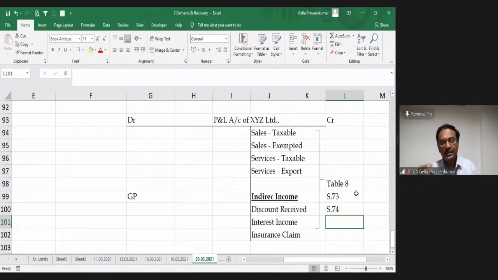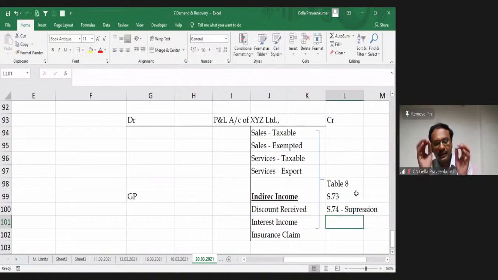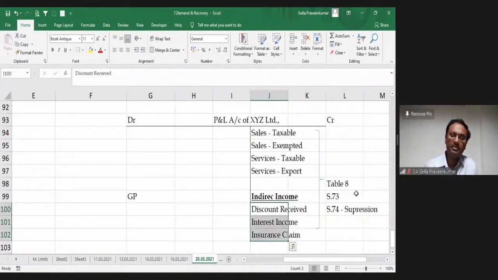When you say suppression, data which is available in your books of accounts, data which needs to be reported but is not reported, can be called suppression. Section 74 has an explanation for suppression. So you need to keep in mind, when the officer is issuing a notice, he will look into all these aspects and see whether you are genuine, whether there is no intent to evade payment of tax.